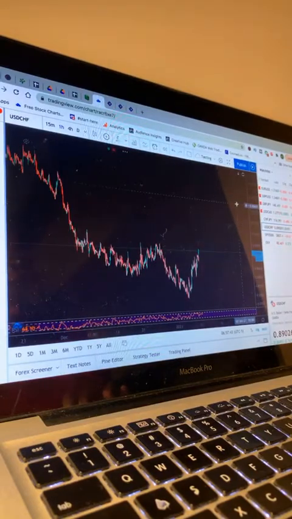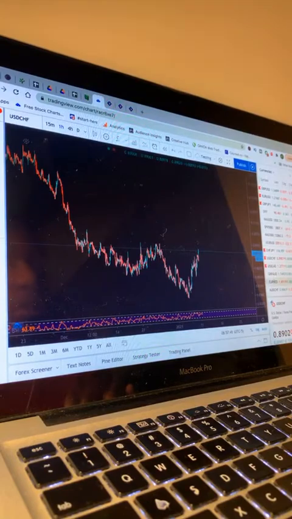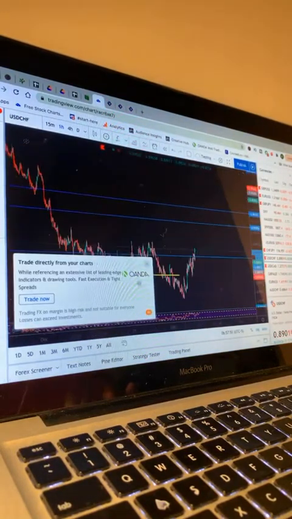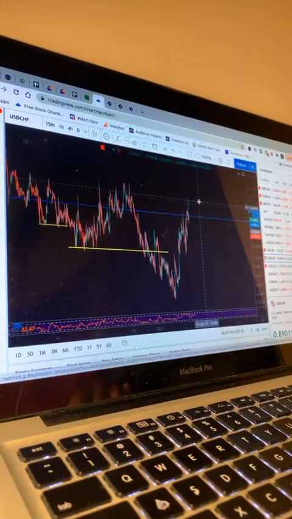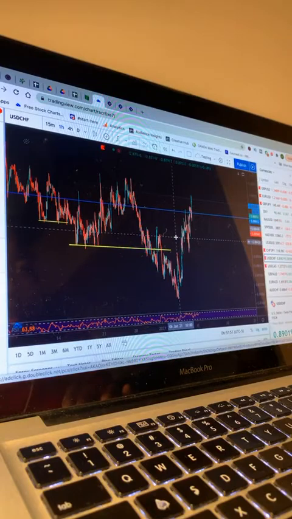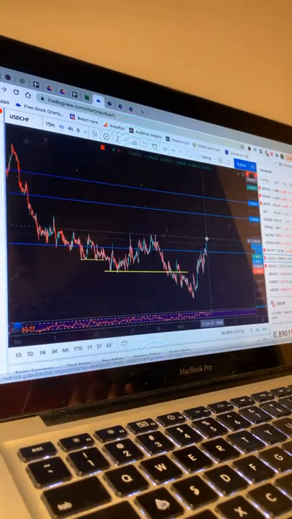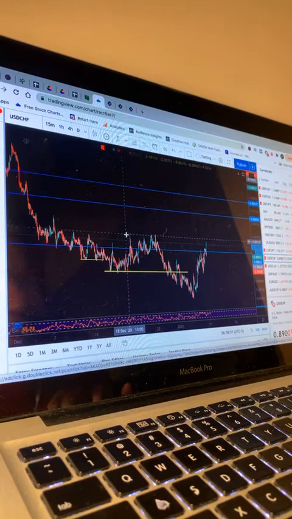USD Swiss franc. Let me switch to my list. So for USD Swiss franc, I see it did have some bullish movement since January 6th, so that was last week, Wednesday, and it's getting around to this area where price has reached a high.